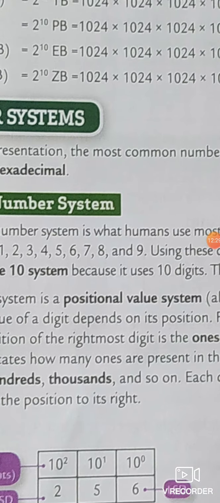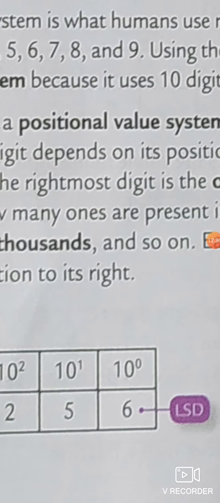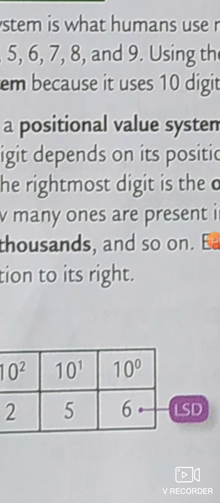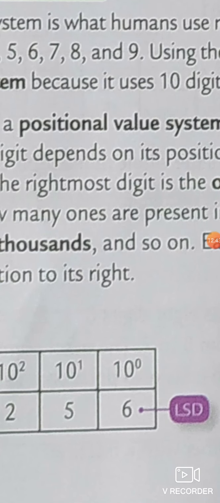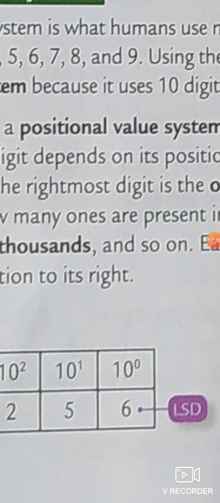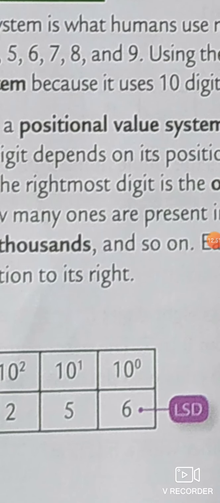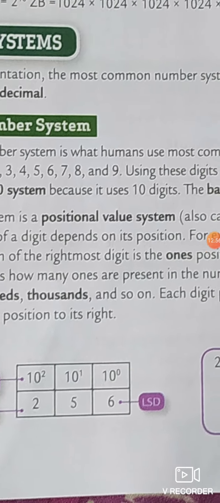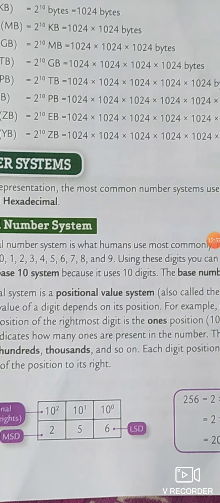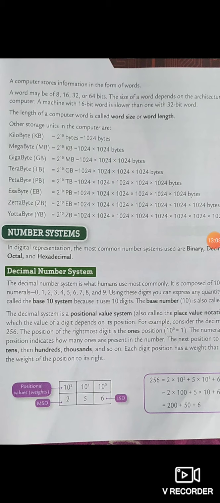When we put 256 in the decimal number system, the rightmost digit is 6 and it is at the ones position. Ones position means 10 to the power 0, and as you all know, 10 to the power 0 means 1. So this is the ones position. The numeral in that position indicates how many ones are represented in the number.